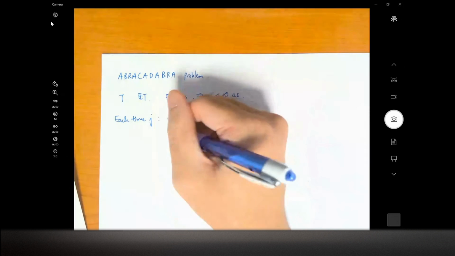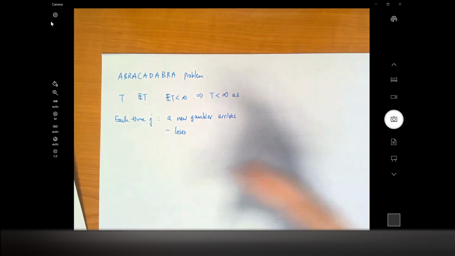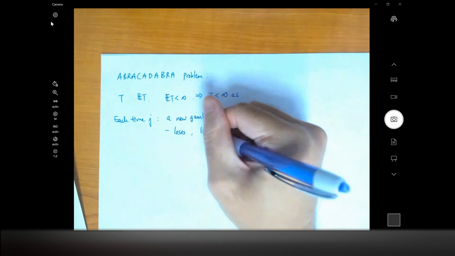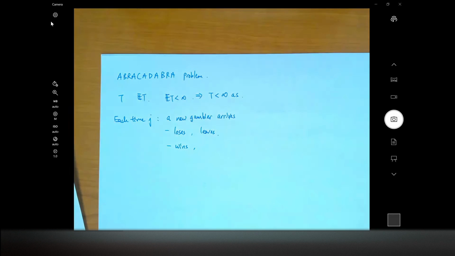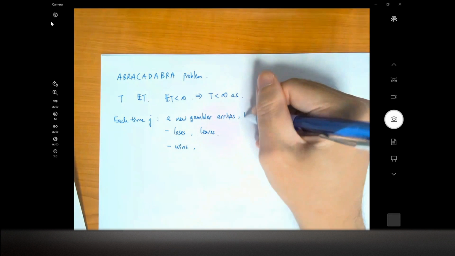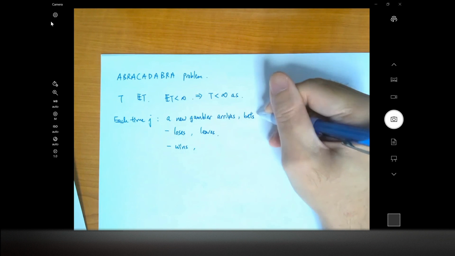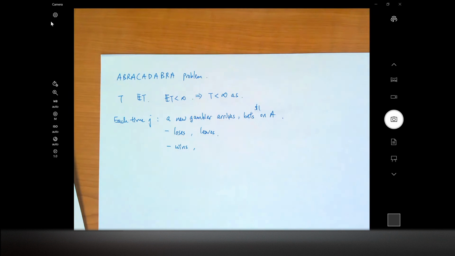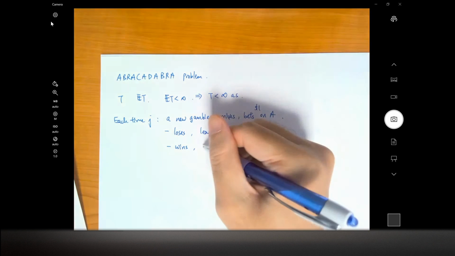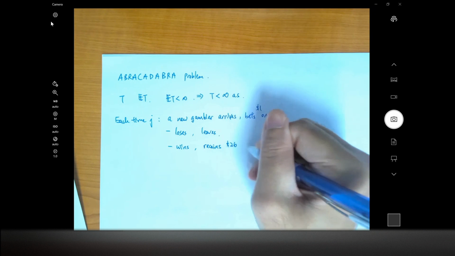So there are two situations. If he loses, that means the monkey types another letter, not A, then he will just leave. If he wins, if indeed the monkey types the letter A, he bets $1 on A and receives $26.